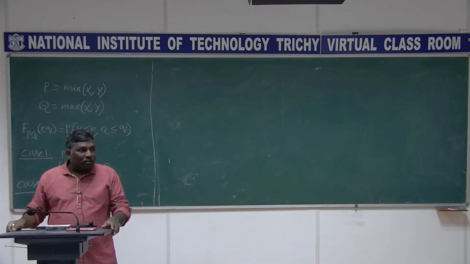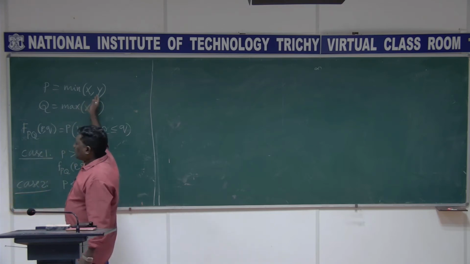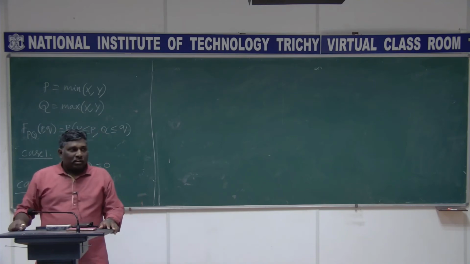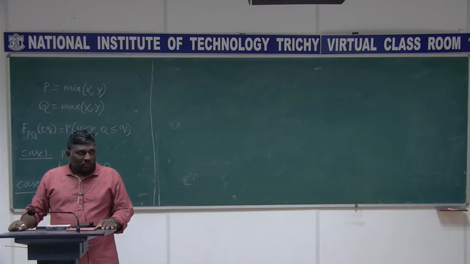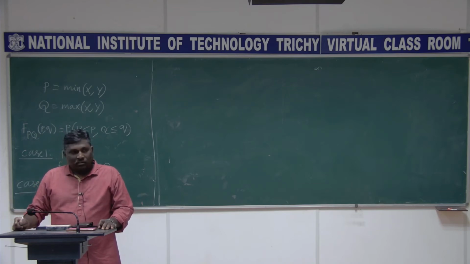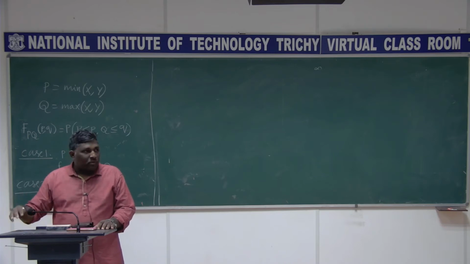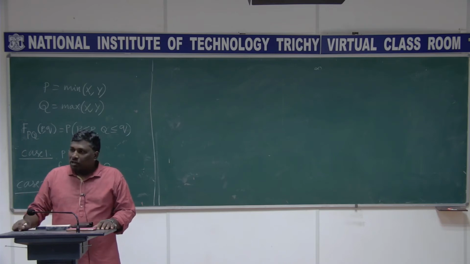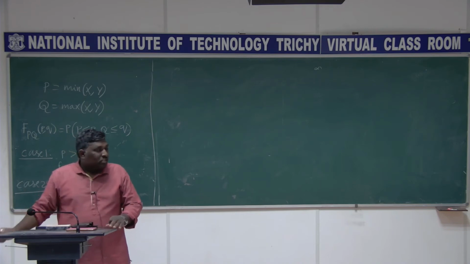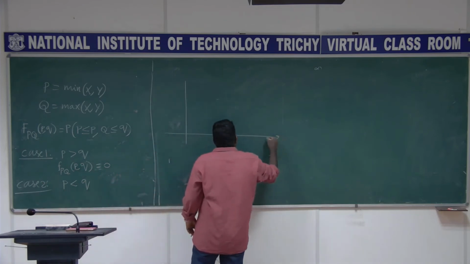Then I look for the range of X and Y. What makes you get this? Sometimes we don't know the values of X and Y. The maximum comes because Y is the maximum in some cases, and sometimes because X is the maximum. It comes from both X as well as Y. So that's what I said: you go for the graphical approach.